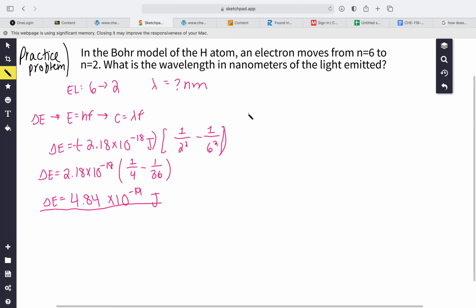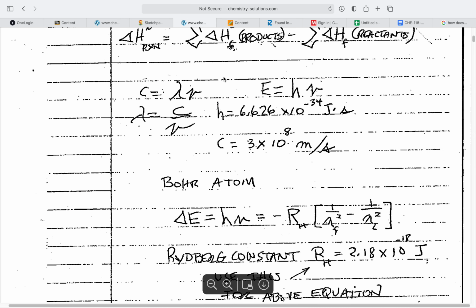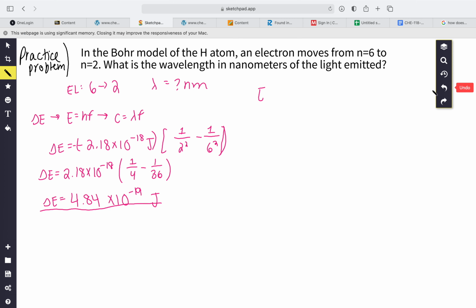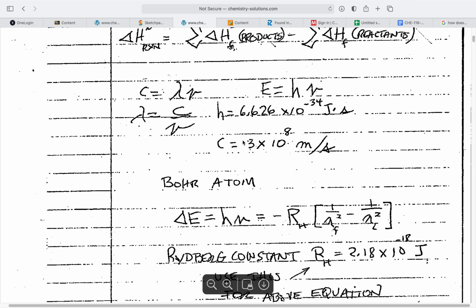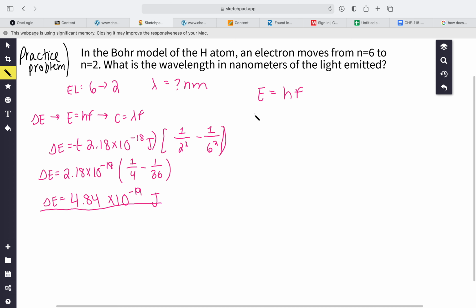So the next one I'm going to do is E, change in E, I believe. Well, we'll just do E is equal to hf. Let me write down my energy first. Oh, this should be negative energy, correct?